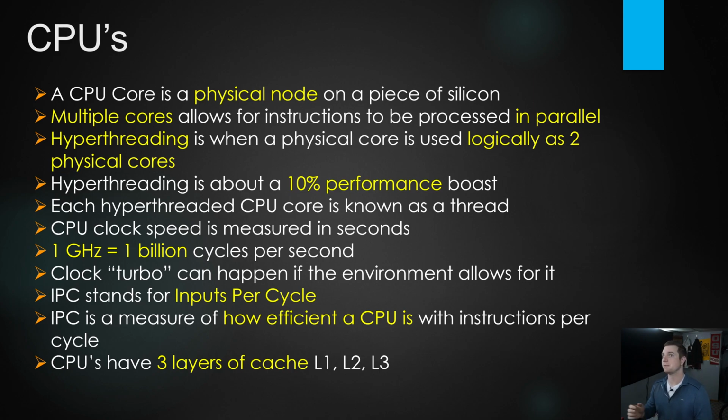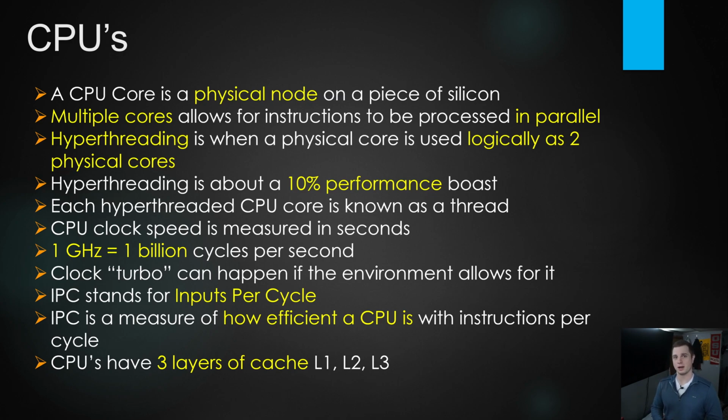Hyperthreading is a logical core, and what we mean by that is that a physical core typically spends most of its time idle. So if you can have a logical core where that one physical core can do 2 separate things, of course not in parallel, but 2 different executable threads, it helps your system performance instead of waiting for a physical core to be available.